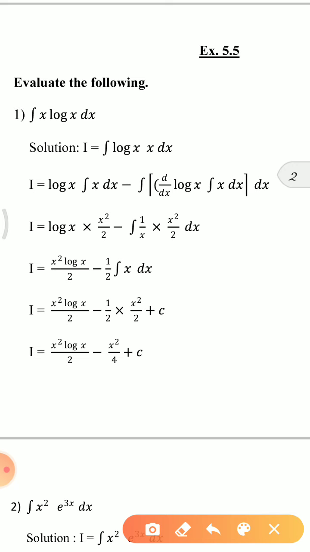Let us assume this is equal to I is equal to integral log x into x dx. We have to apply here the u v rule, that is, we have to take the logarithmic function first and then take the algebraic function. That means log x is u and x is v here.